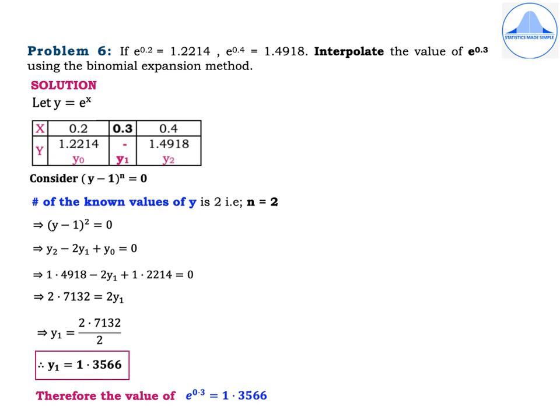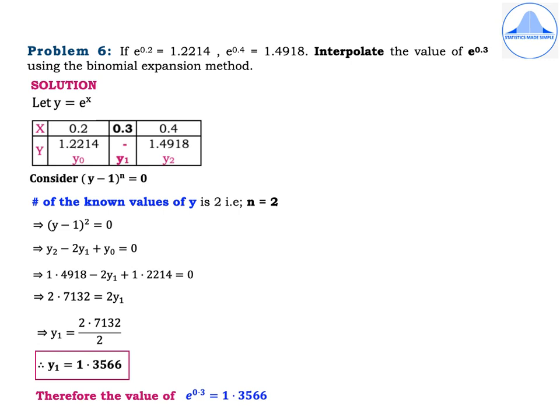Problem 6. If e to the power 0.2 is equal to 1.2214, e to the power 0.4 is equal to 1.498, interpolate the value of e to the power 0.3 using the binomial method. Now let us look at the expression under solution.